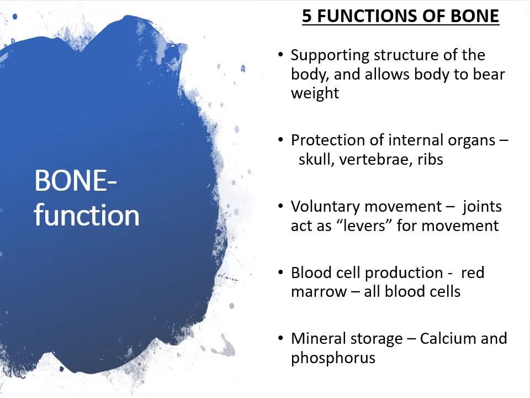Blood cell production, so your red blood cells, your white blood cells, your platelets, all made in the bone marrow, okay? And of course, storage of minerals, in particular calcium and phosphorus.